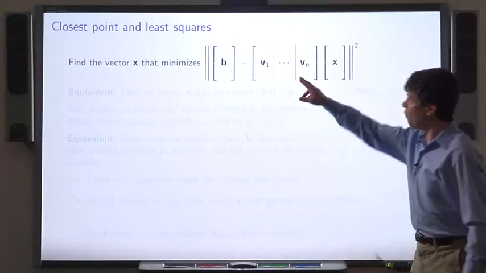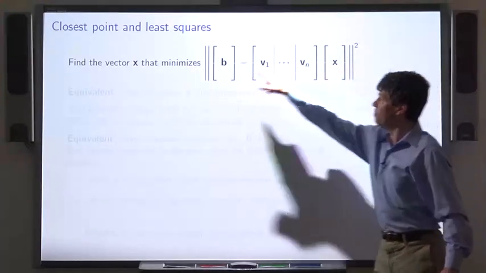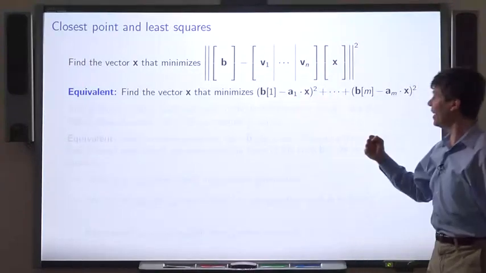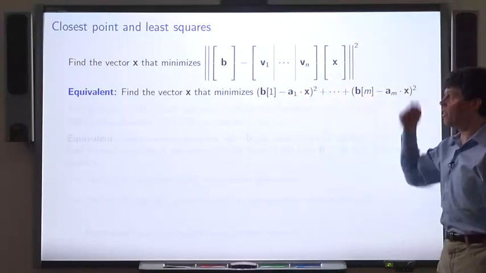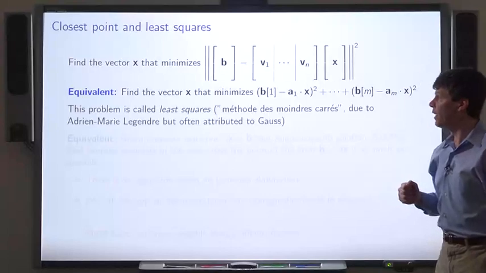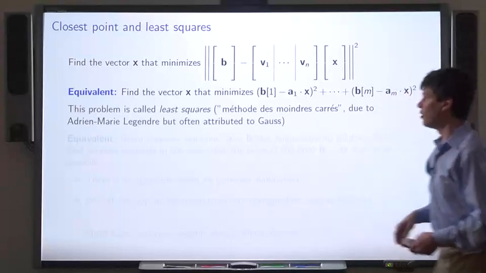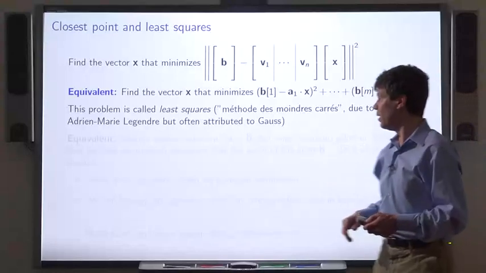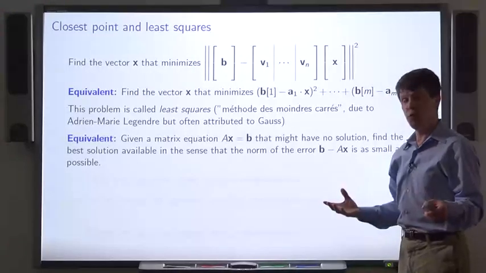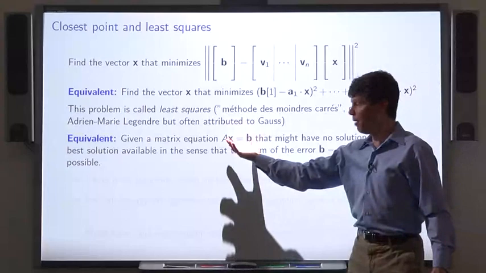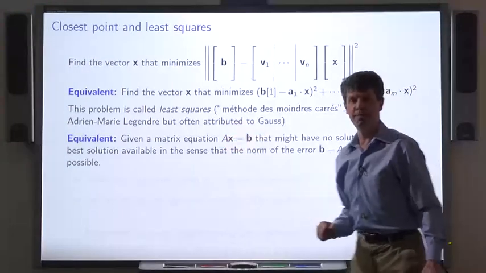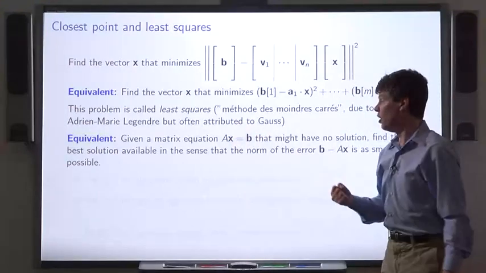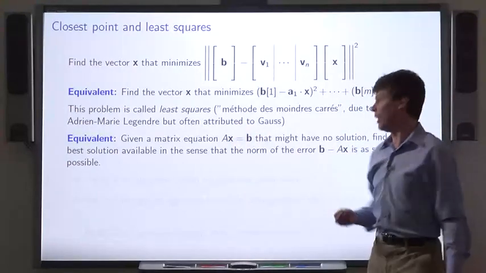All right. So finding the vector x that minimizes this norm squared, which is equivalent to finding a vector x that minimizes this sum of square differences, is called least squares. It goes back to Legendre, sometimes attributed to Gauss. An equivalent way of formulating the question is, given a matrix-vector equation Ax = B, in case that equation doesn't have a solution, find the best solution available.